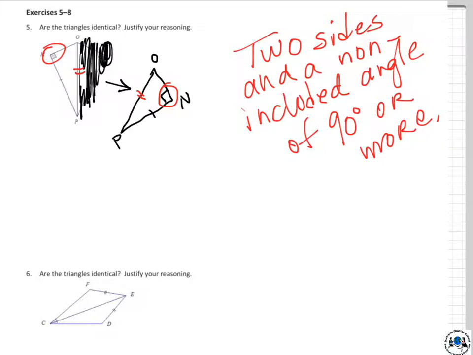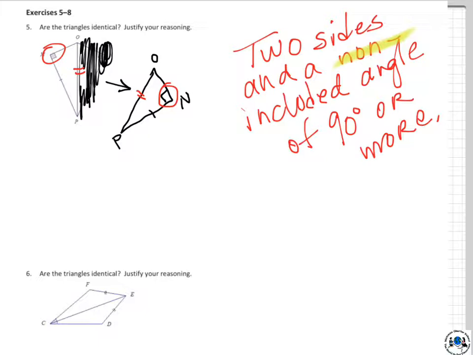I'm not sure if we talked about non-included enough, but it's not included because it's not in between. If this side here was the same, it would be included in this whole angle right here. We'd have side, angle, side.